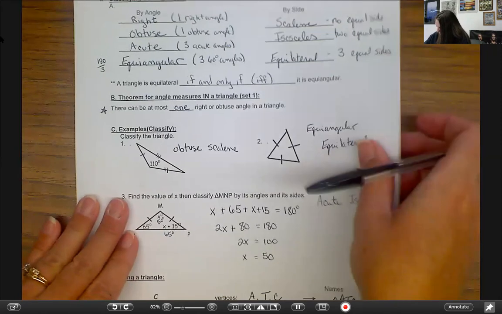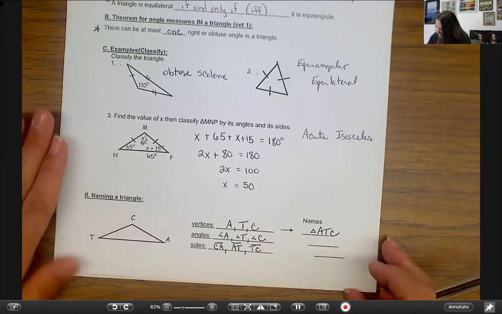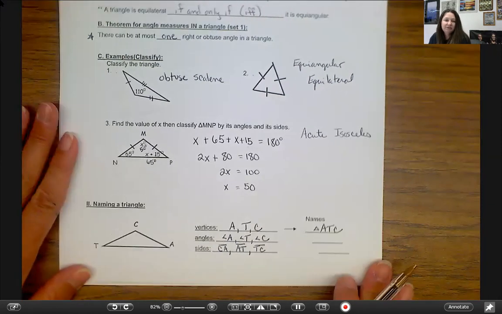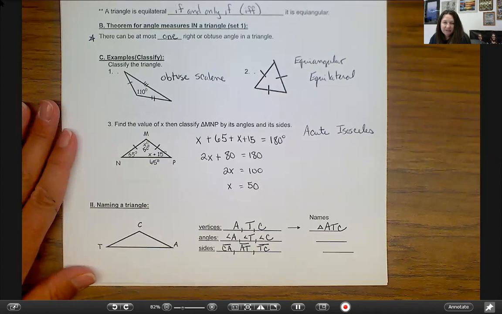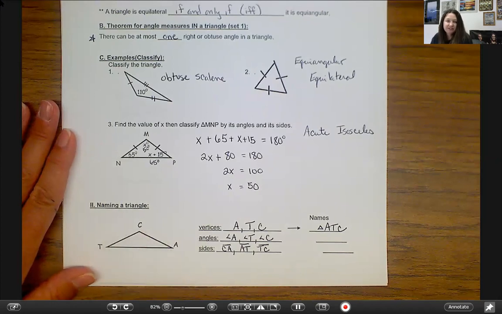And then at the bottom here, we just want to review naming a triangle itself. If we are going to name the triangle, we want to be able to move around the triangle in that order with your vertices. So for instance, I could say that this is triangle ATC.